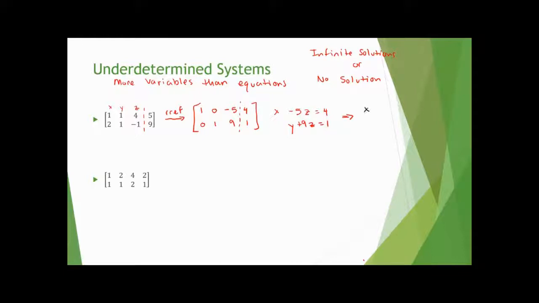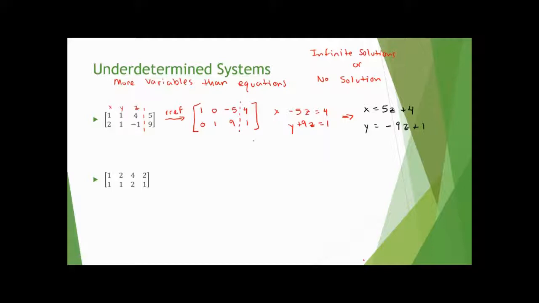So we have x equals 5z plus 4 and y equals minus 9z plus 1. So what this means is that z is a free variable because x and y depend on what z is. And so we can do anything for z, and then that will get us a working solution. So what the book does is they replace whatever that variable is with an a.